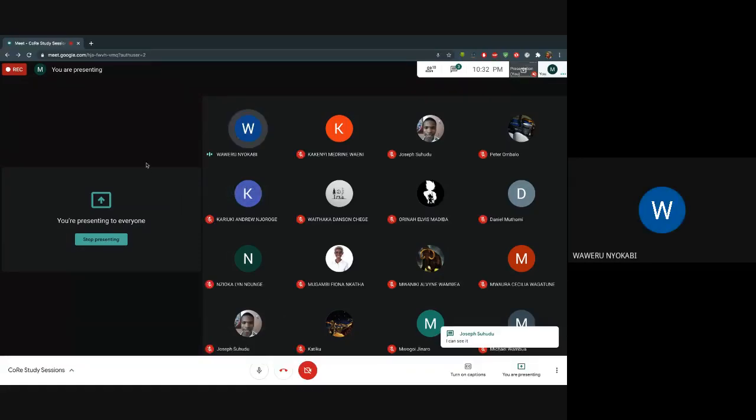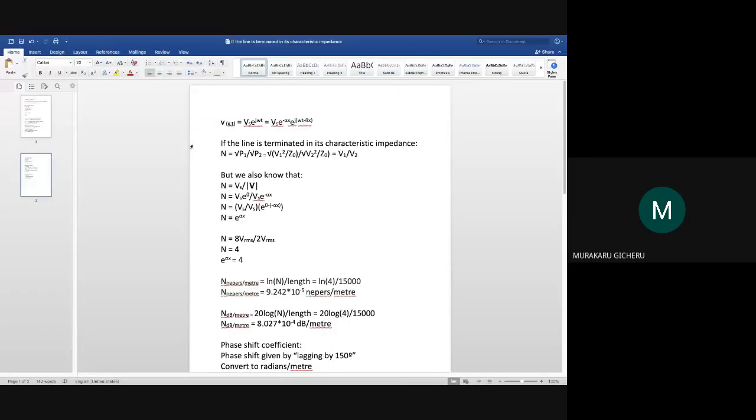Yeah, we can see. Okay. So first of all, are you all familiar with this equation? This first one. Are there any questions concerning it? No question.